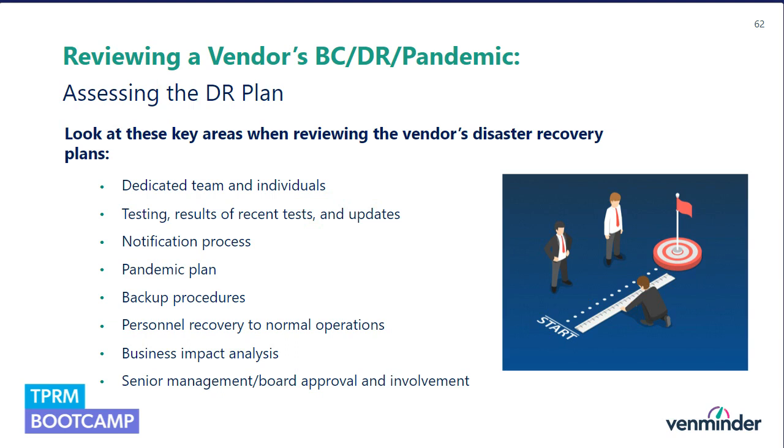You want to look for backup procedures. These backup procedures should be in place, such as on-site backups, off-site backups, alternate locations, data replication, annual testing of backups, and more. Of course, you want to make sure that the disaster recovery plan has been approved by senior management or a board of directors, and that the plans are reviewed and updated regularly or when significant changes occur.